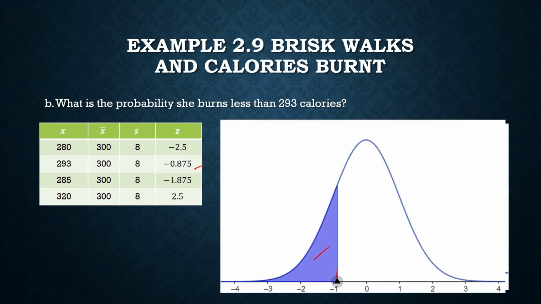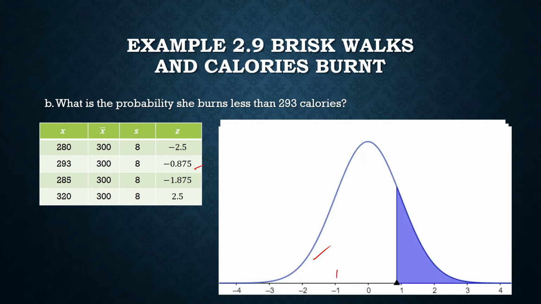The area of that region is the same as the area of this region on the positive side of z. Why am I showing this? Because the standard table shows areas for positive z values.